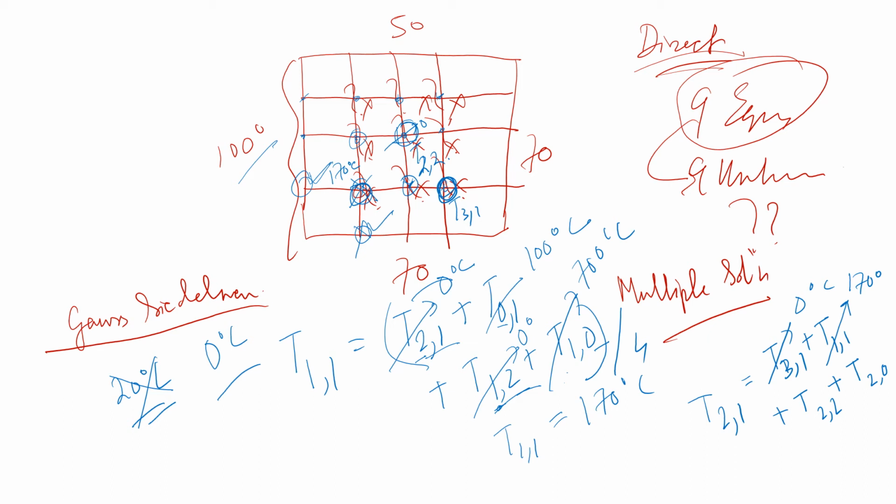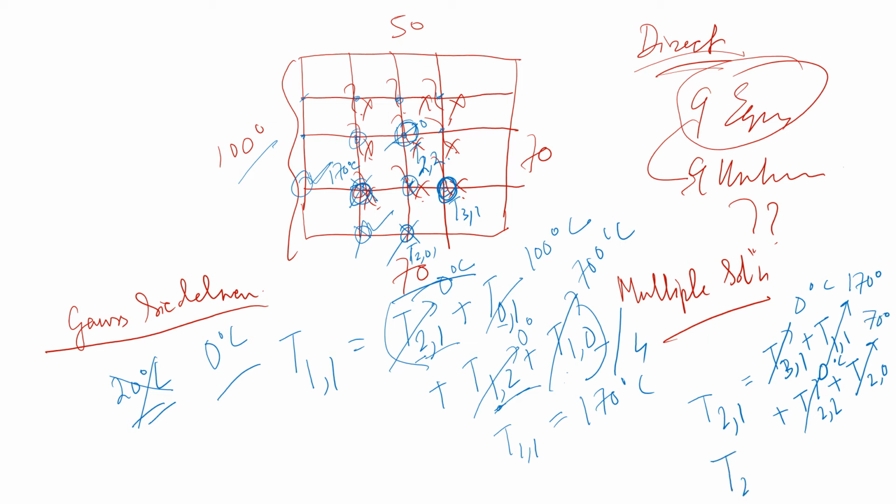So this T22 will also be at 0 degrees centigrade because these are all actually unknown internal nodes. And T20 will be at this edge temperature, which is 70 degrees centigrade.